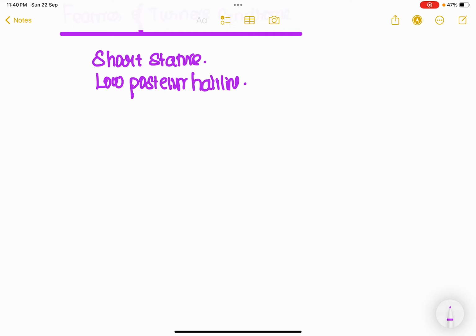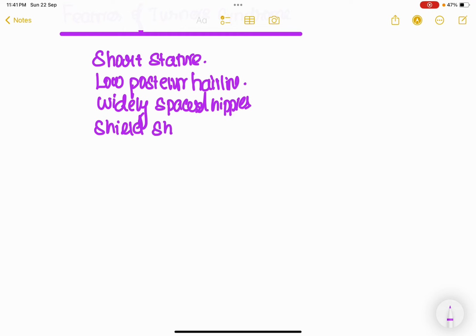And then the patient will have widely spaced nipples, and the chest will be shield shaped. And the nails will be small, and the metacarpal will be shortened.